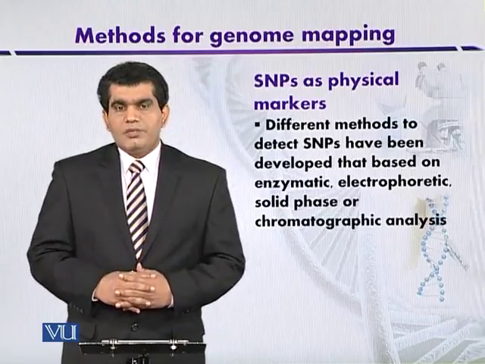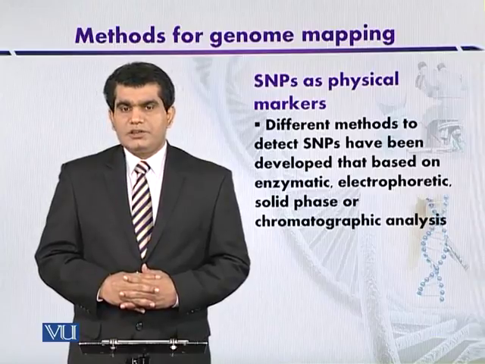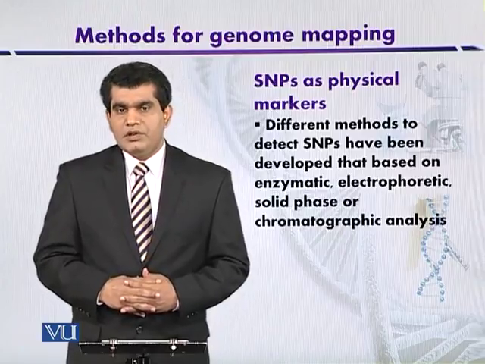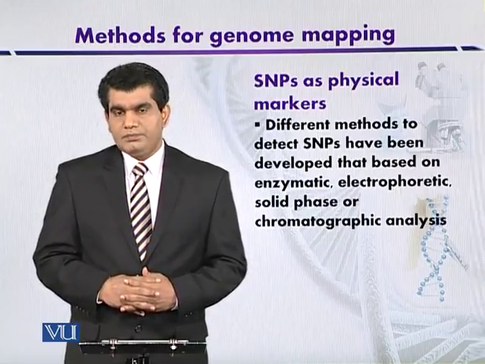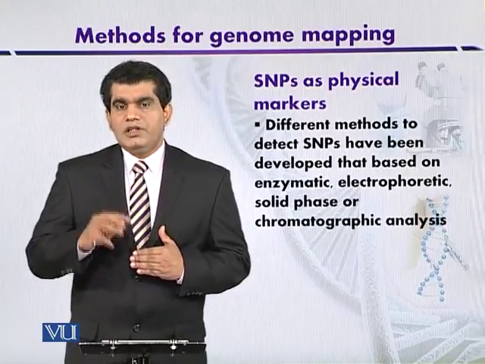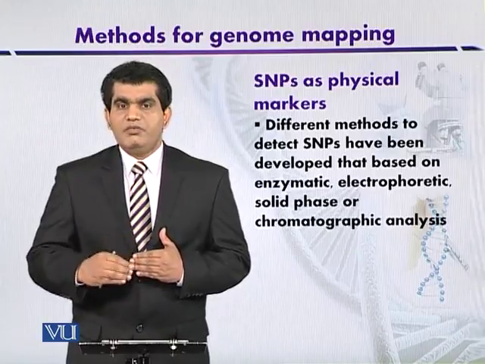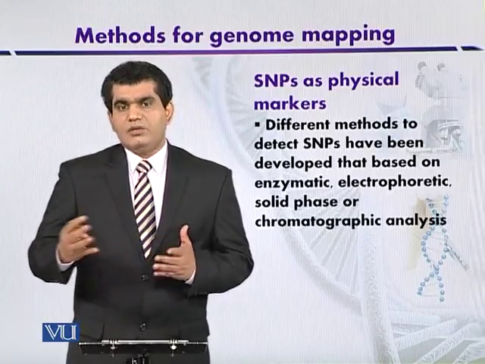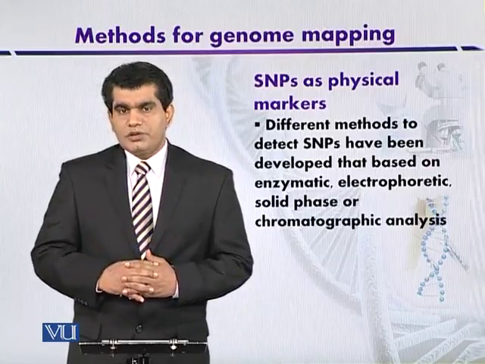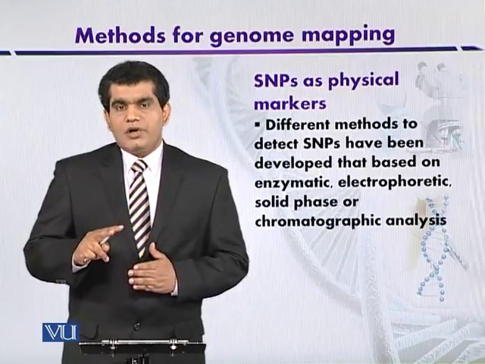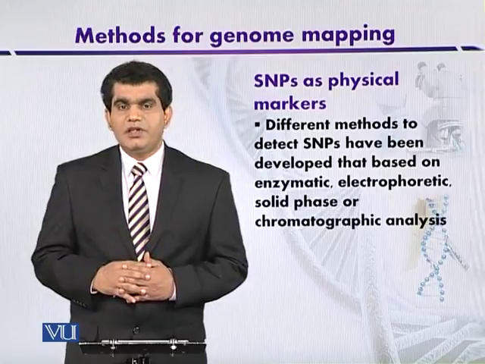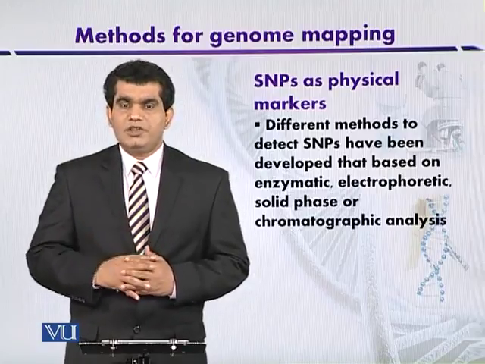And here the most common technique that is used is denaturing high performance liquid chromatography, or DHPLC. Here, if a single base pair substitution is there in the double-stranded DNA molecule, that may vary from one individual to another. Although some other methods are also available, here a liquid chromatographic technique can be used. So if two DNA molecules have the same length, the same number of nucleotides, even then after denaturation they can be separated.